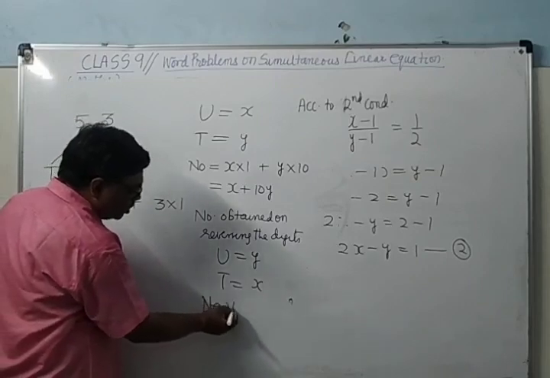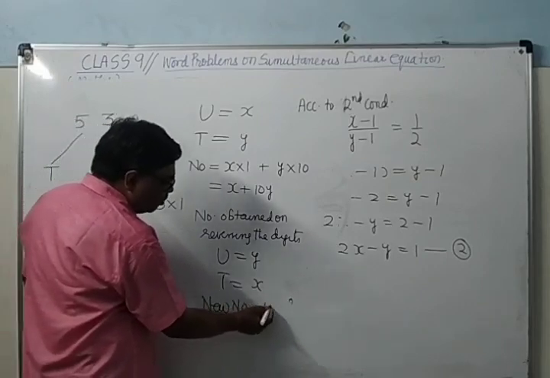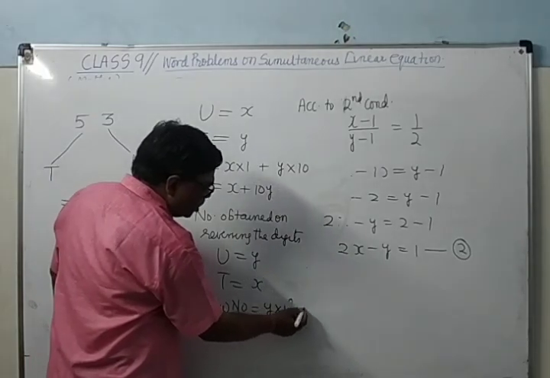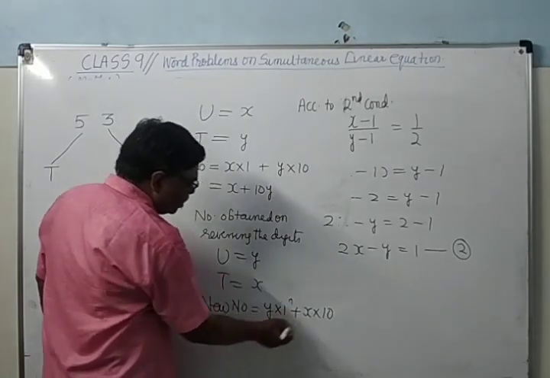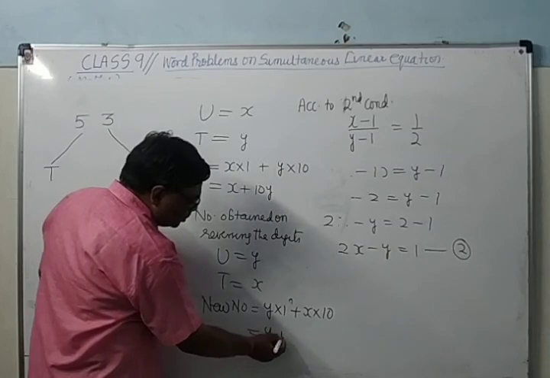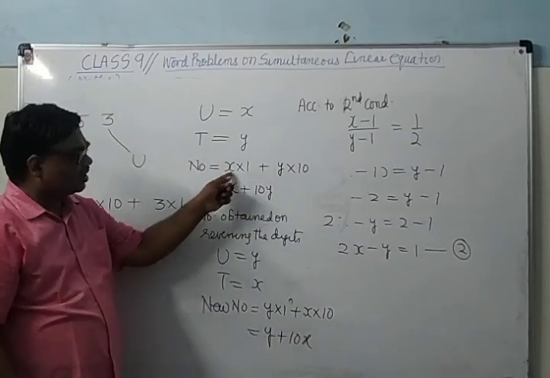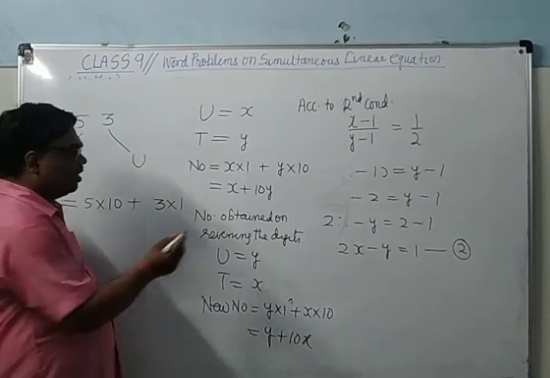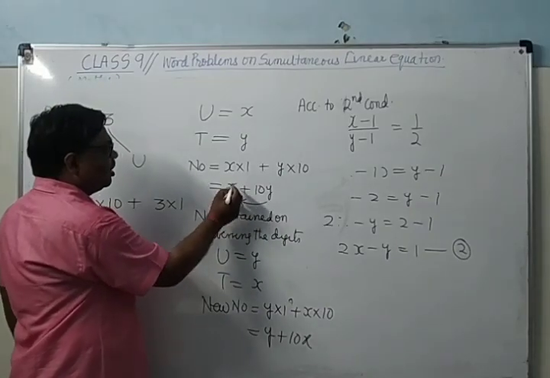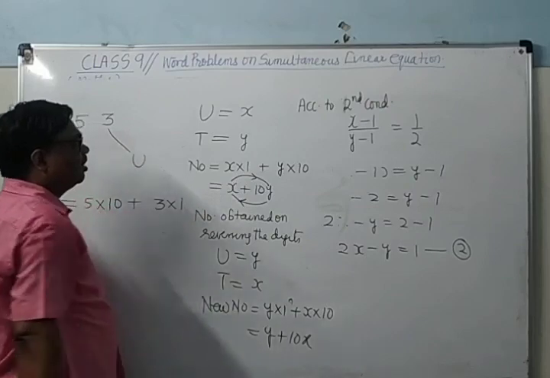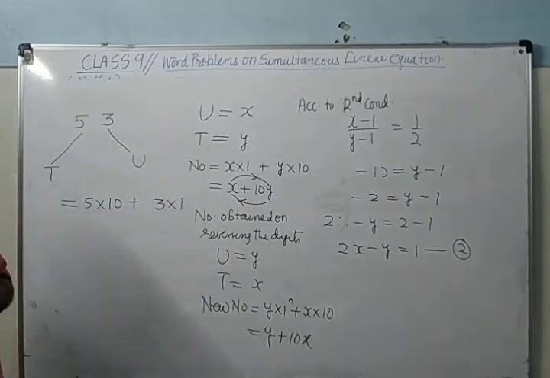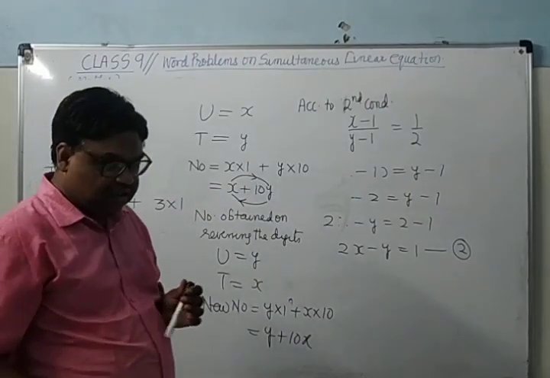You can see here. New number will be y by 1, x by 10. It will be y plus 10x. Means simply what will you do? You interchange x and y here. y we will bring here and x we will bring here. It's clear? That will be the number obtained on reversing the digits.